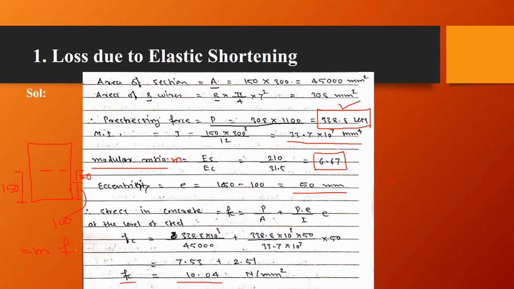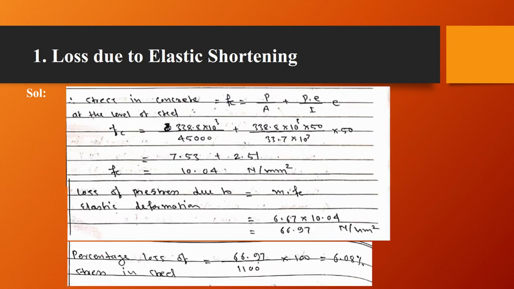The value of m we have already calculated as 6.67, and the stress in concrete also. Just multiply these two and we'll get the final answer: the loss of stress due to elastic deformation equals m into fc. That value comes to 66.97 Newton per mm square. So this is the loss.